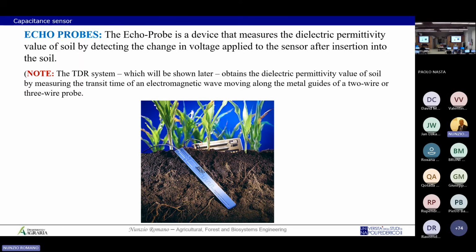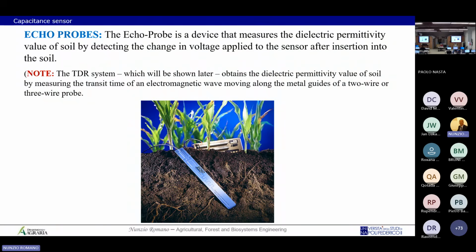When there is the electrical field that moves into the system, there is a change in the voltage that the system acquires, and the change in the voltage depends on the amount of water. Again, this is another way to look at this kind of capacitance probe.